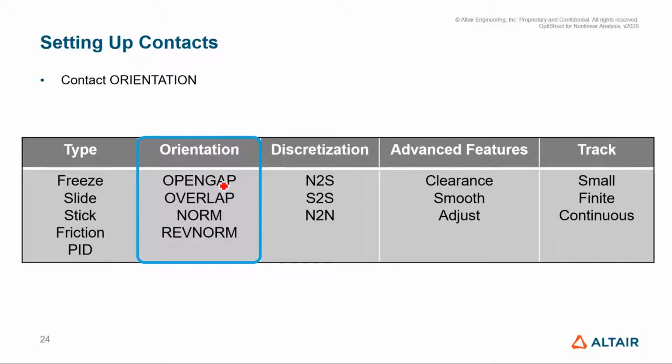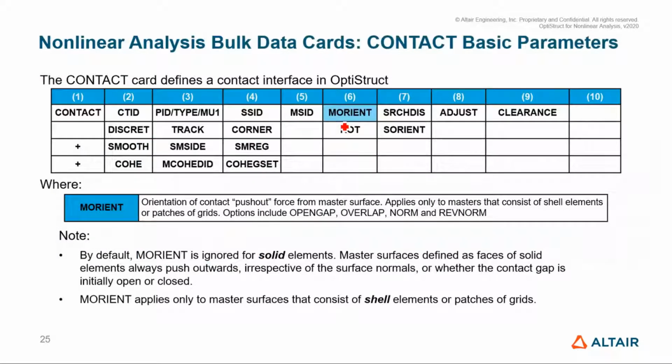Next, we move on to the orientation, right? Orientation is defined here in the contact card with this M orient. It defines which face of the master surface is actually facing the contacting object.